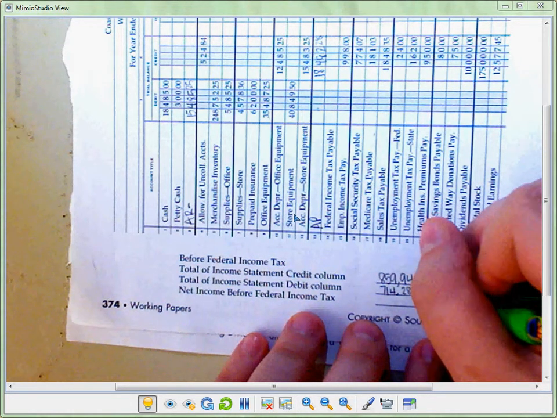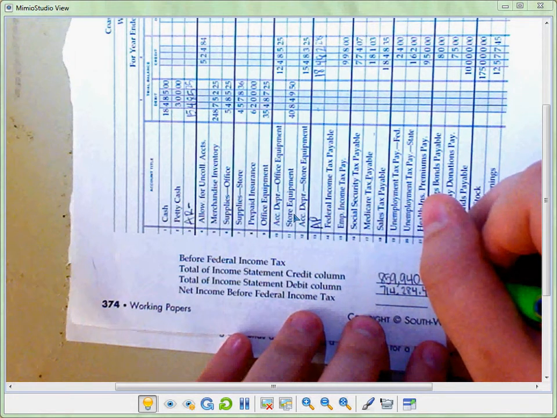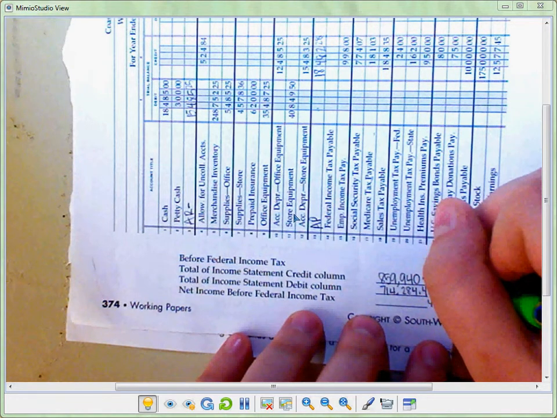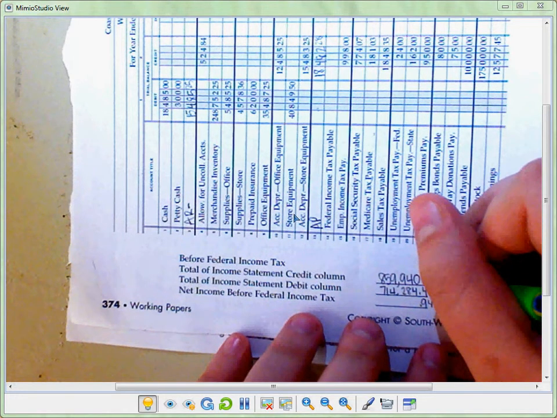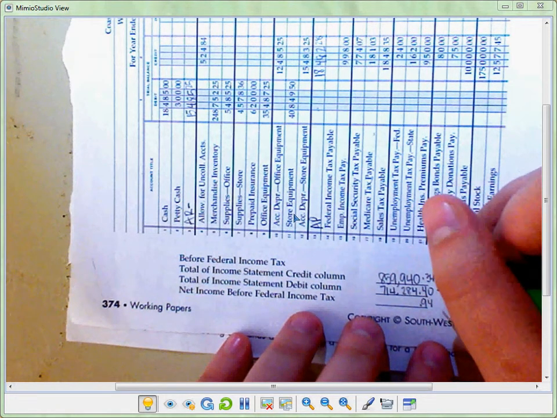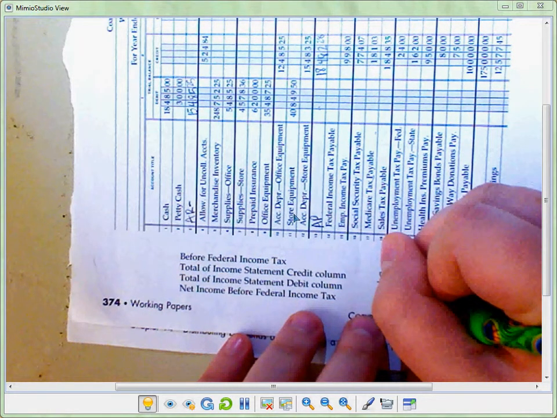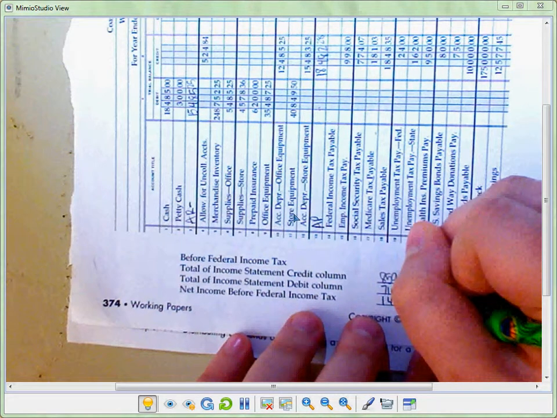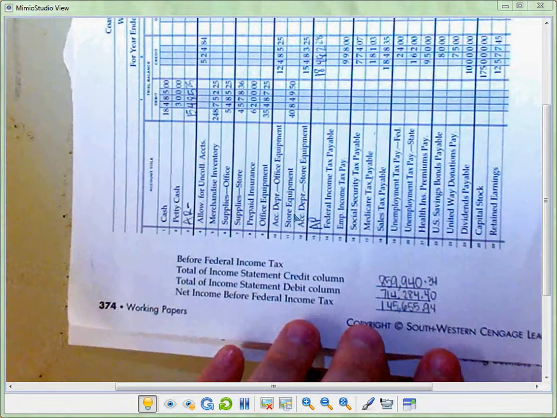So subtract that and let's see what we get. Use your calculator, guys. The first number is 1, 4, 5, 6, 5, 5, and 94 cents. Okay, $145,655.94. So we have that calculated.